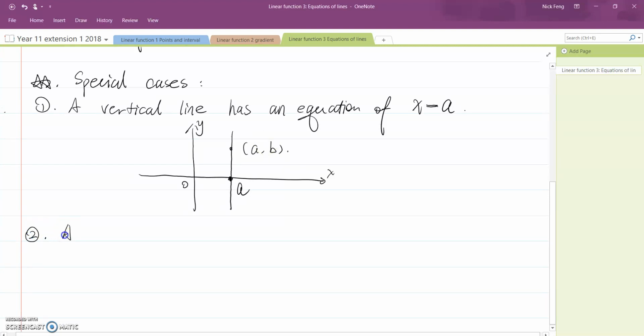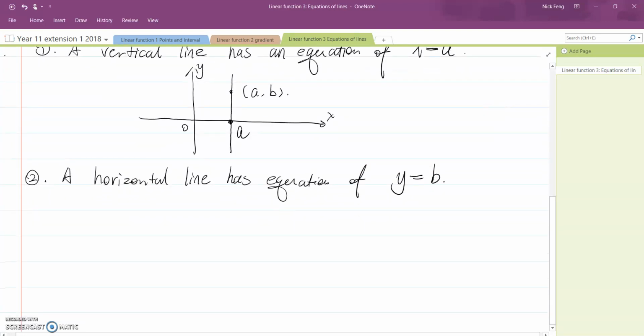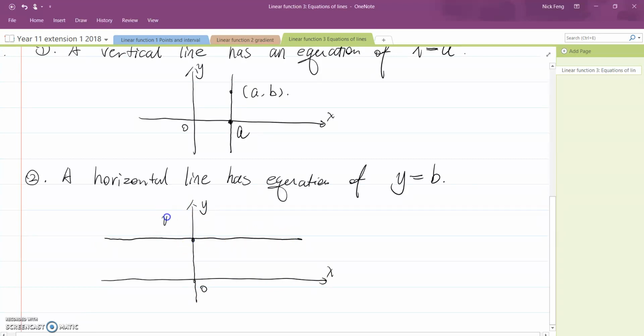Secondly, a horizontal line, on the other hand, has an equation of y equals b, because it always cuts the y-axis at a certain point, which means it doesn't have x in there. And this is y equals b.